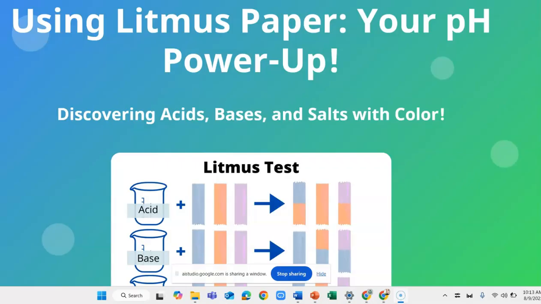So we're going to discuss this slide using litmus paper, your pH power up, discovering acids, bases, and salts with color. And we also have here the illustration of the litmus test.